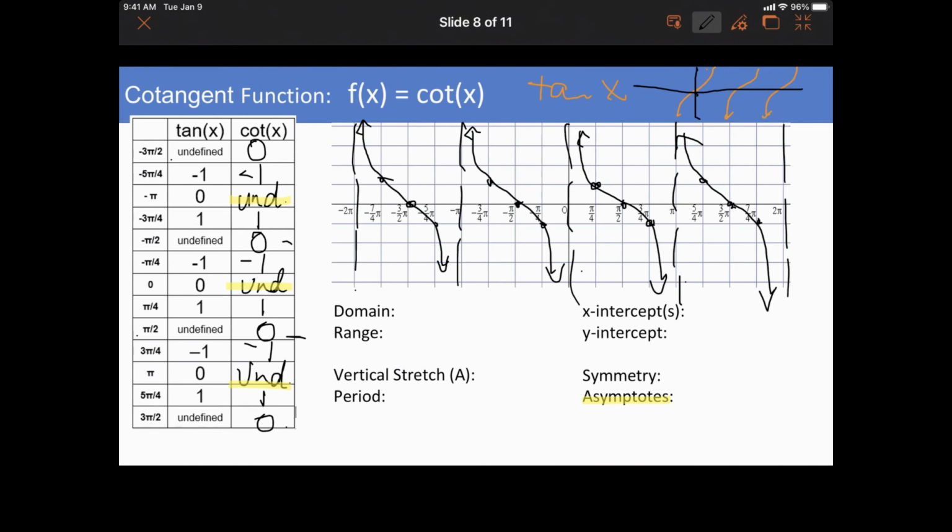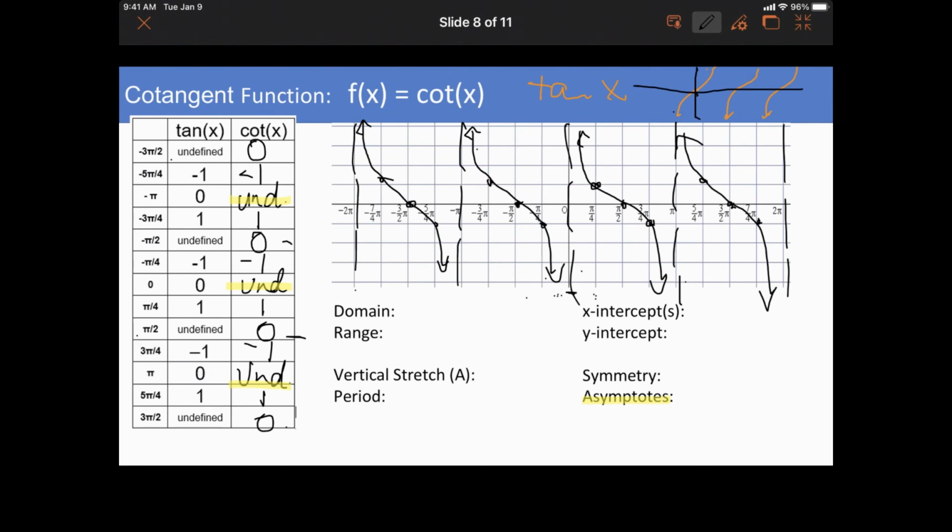You can see that the y-axis is actually an asymptote. So it's moved over. It's not straddling the y-axis this time. And now it is up and then down, as opposed to tangent, where it's down and then up. It actually looks like a negative tangent with a horizontal shift.